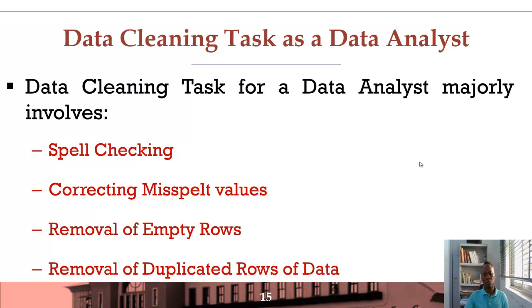After you've removed your empty rows, you can go ahead to remove duplicated rows of data. I will always advise that anytime you want to clean your data, you carry out these steps sequentially: spell checking, correct misspelled values, remove empty rows, then remove duplicated rows of data.